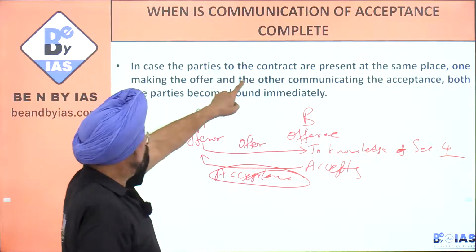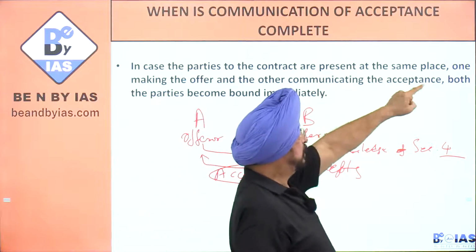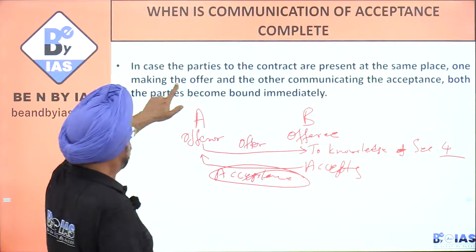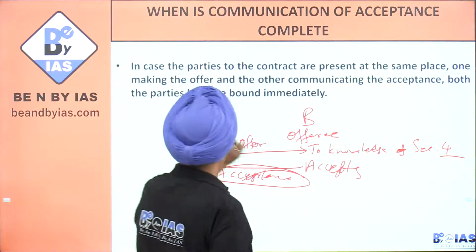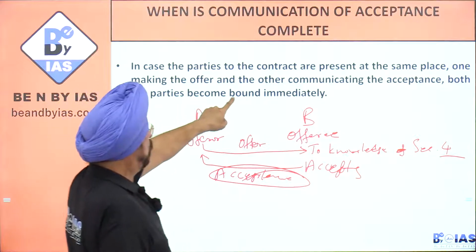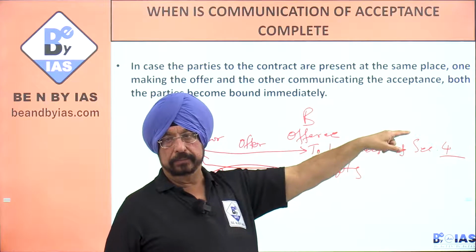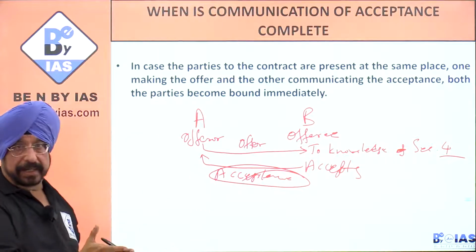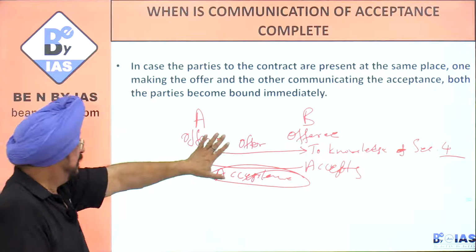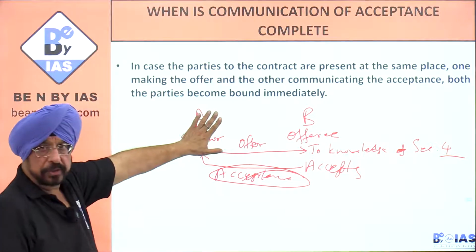In case parties to the contract are present at the same place, one making the offer and the other communicating the acceptance, both the parties become bound immediately because they have conveyed. It must be communicated. It must reach his knowledge.